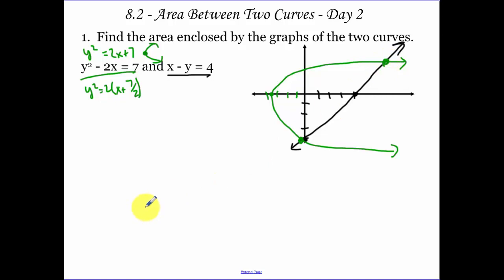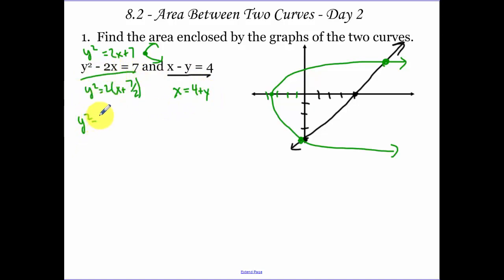You have to find those two intersection points. Sometimes they're going to make you find those by hand, and sometimes you're going to have to use your calculator. What I do is substitute x equals 4 plus y in for x in the other equation.